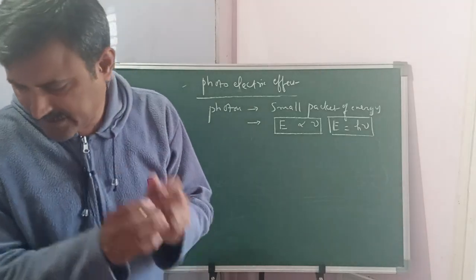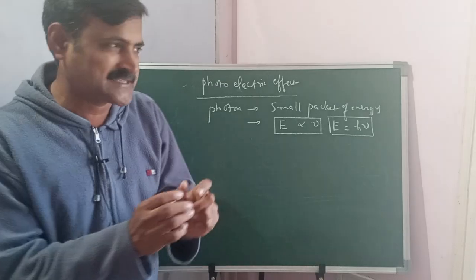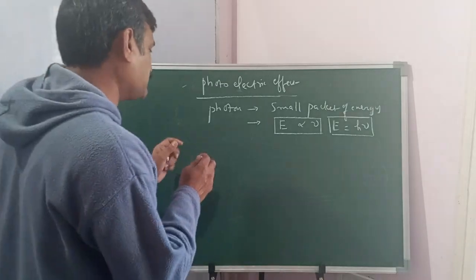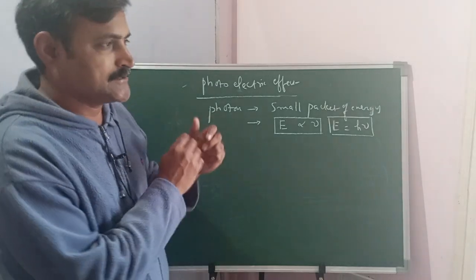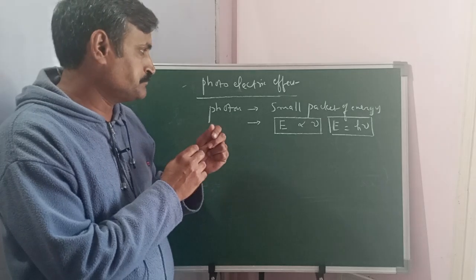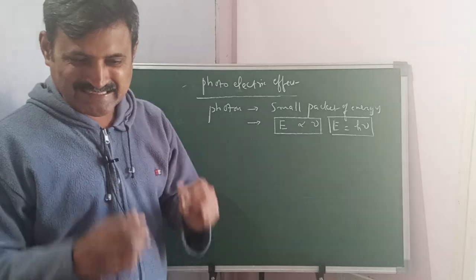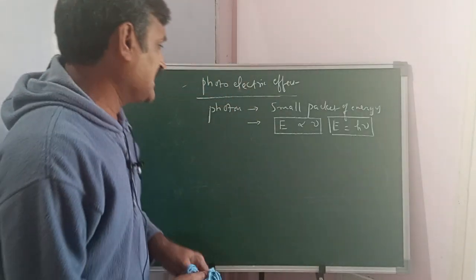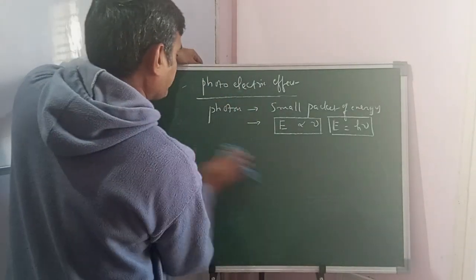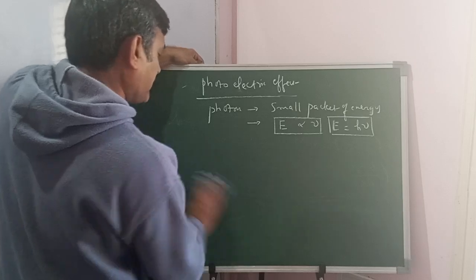We have given the constant value also for this one. In this photoelectric effect, we would like to discuss how the particle behavior of light will be understood by considering specific metallic surfaces like alkali metals.